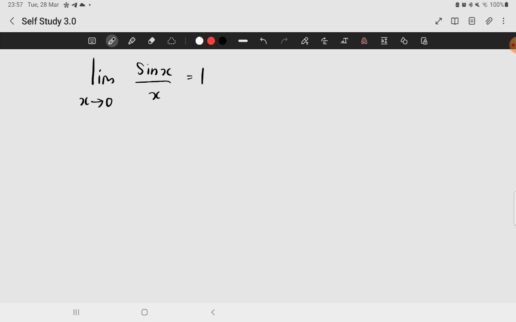Squeeze. Oops, I can't find the squeeze theorem, unfortunately. But anyway, I assume that most of you know the theorem, which is the squeeze theorem.